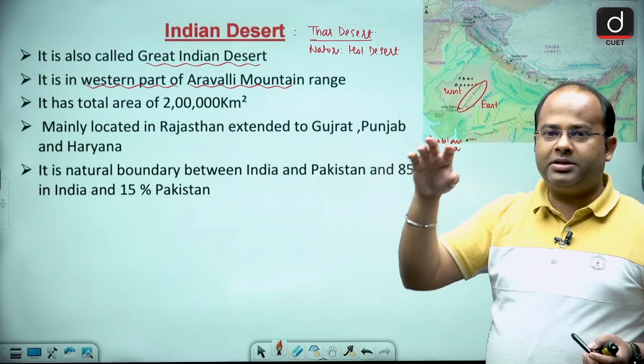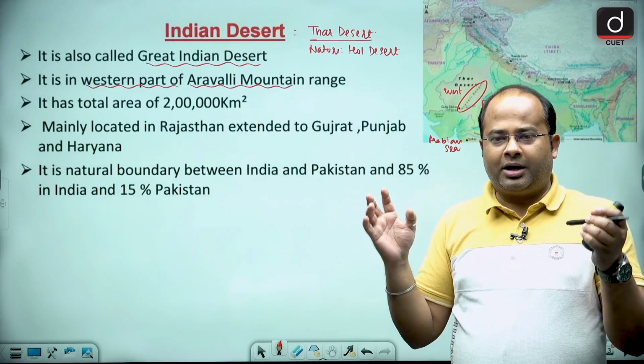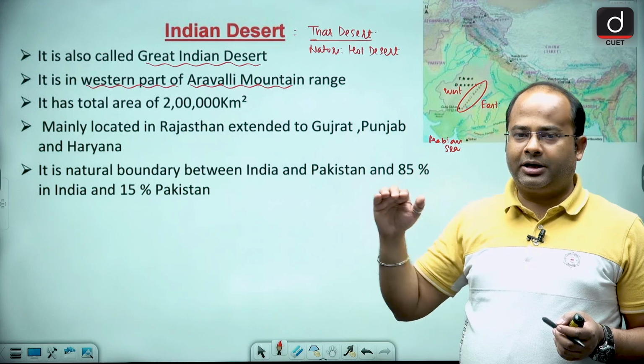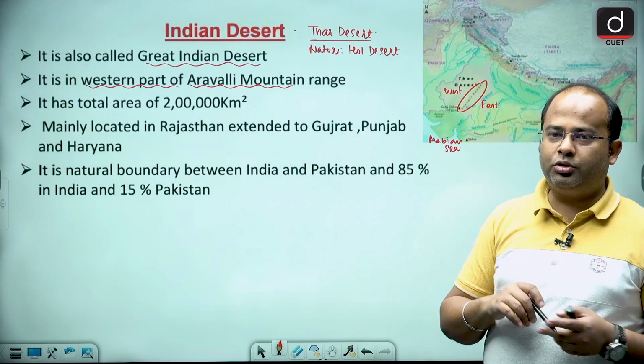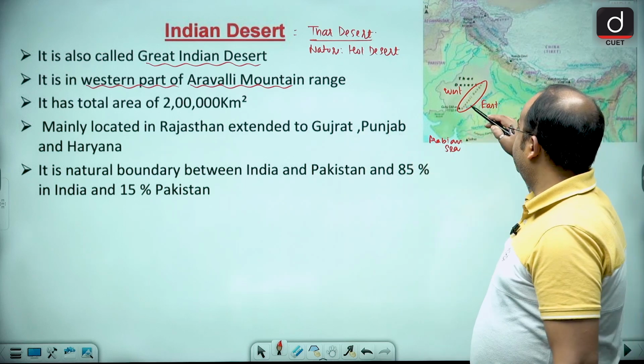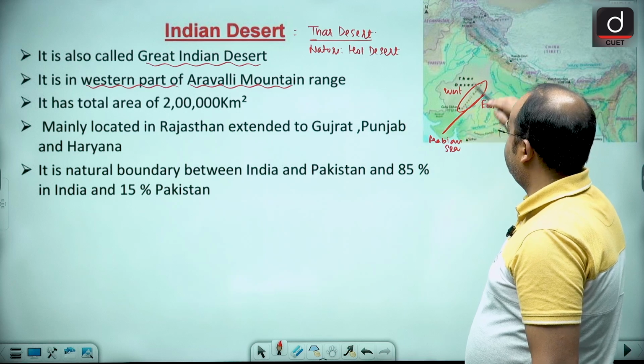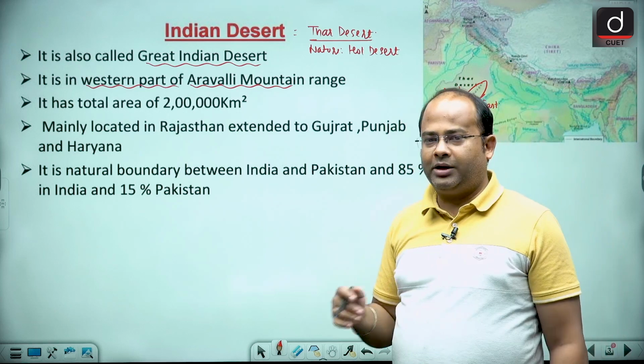Now guys, when the condensation is done, the clouds are formed, and due to the wind they start moving in this direction, towards the east, to the Aravalli range.